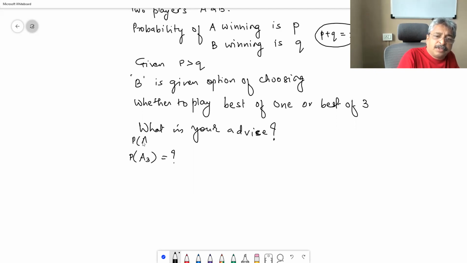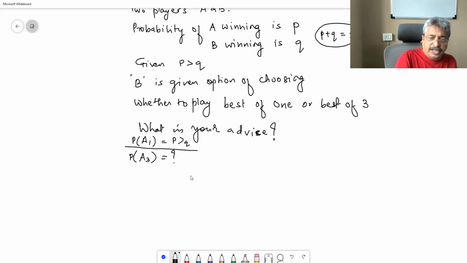If it is best of 1 match, probability of A winning is p, which is greater than q, which is known to us. So if we find out probability of A3, that means probability of A winning in best of 3 matches, and if we compare these two, then we will be able to decide properly.